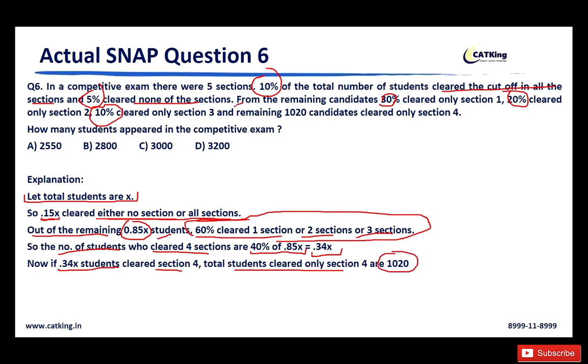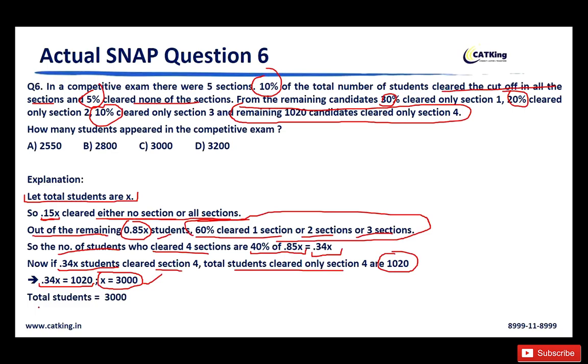Therefore 0.34x will be equated to 1020, and calculating the value of x, I get 3000. So x is equal to 3000 in this case. Therefore the total number of students is 3000, and the correct answer is option C, that is 3000 students appeared in the competitive exam. Let us move on to the next question.